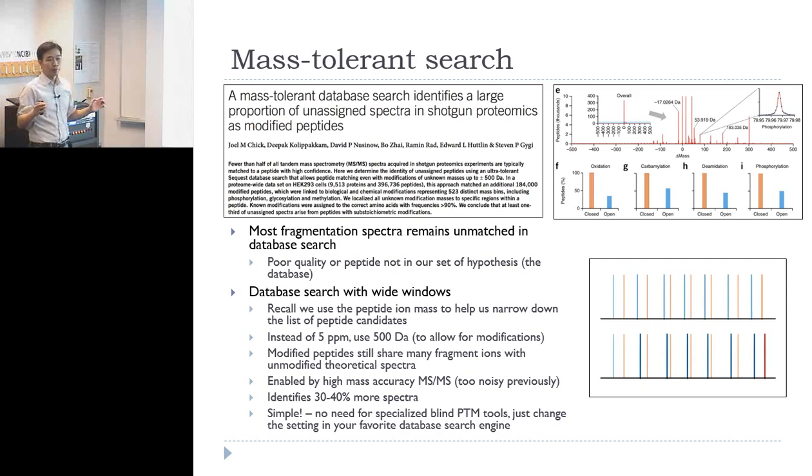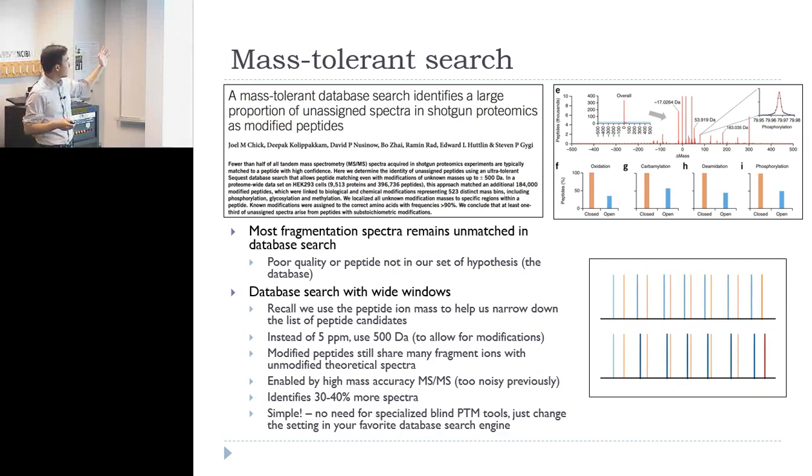So it used to be really bad, where you only match maybe 10 or 20%, and now with these better instruments, we match a lot more, maybe on the order of 35, 40%. But most of the spectra we don't match. We don't know what they are. When we look at some of them, they look good, but we just don't know what they are.